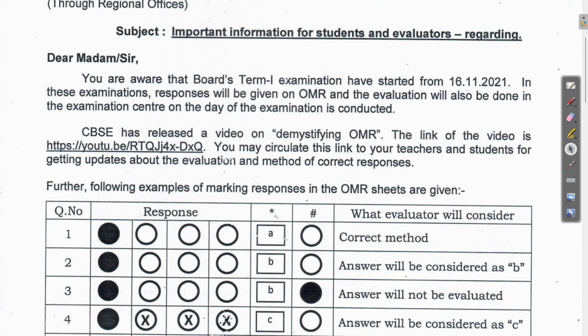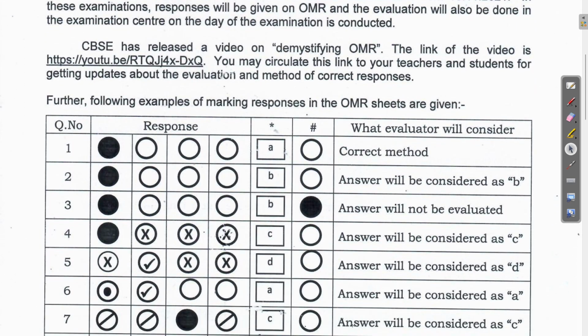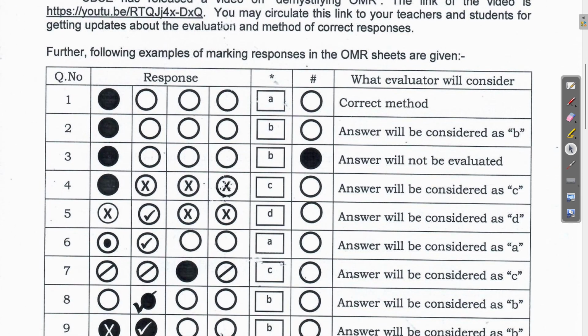The term 1 examination already started from the 16th, and this is the detail about how to fill the OMR. It is very essential, and all the students must listen and see this one. Here you can see the serial numbers. Point 1 is the correct method, and point 2 is one circle, and the option is also written here.